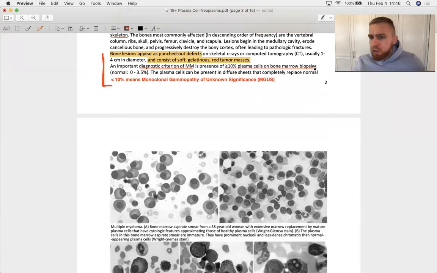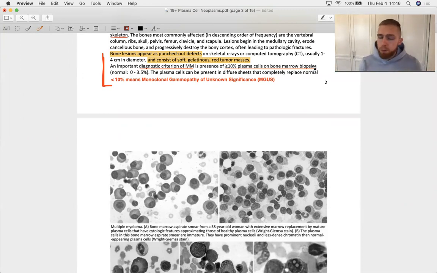But you're going to count all these plasma cells, and if more than 1 out of every 10 cells is a plasma cell, you've got yourself multiple myeloma. Well, actually, we're not done yet, because you also need the presence of CRAB symptoms to diagnose it as active multiple myeloma. Otherwise, you got a smoldering or kind of a latent multiple myeloma.